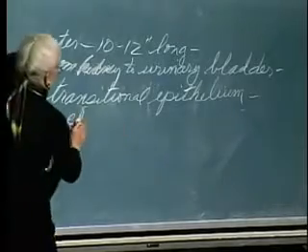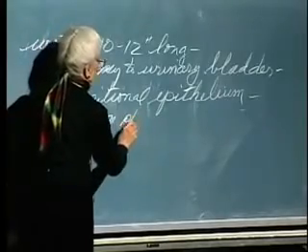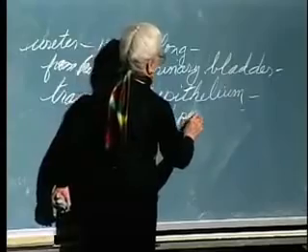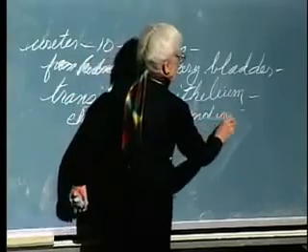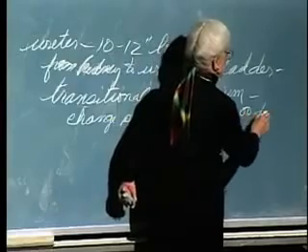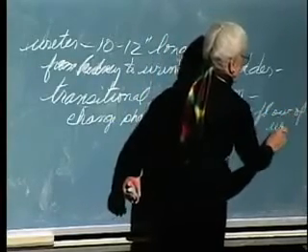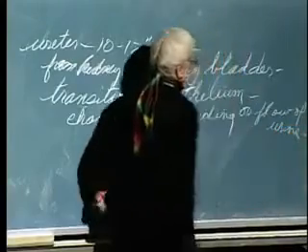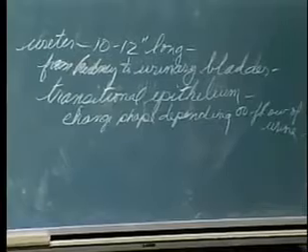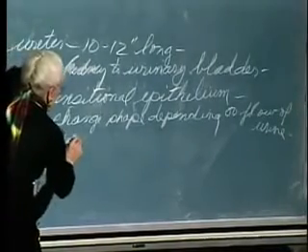So it can change shape depending on flow of urine. And then the ureter will have smooth muscle layers, two smooth muscle layers.